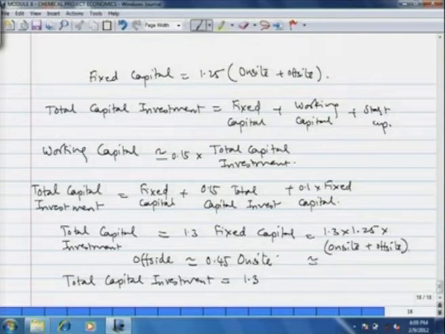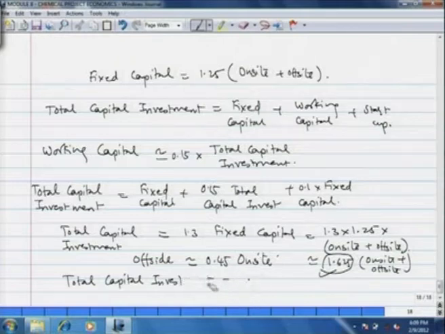Okay, so this is typically 1.625 times the on-site plus off-site cost. Total capital investment is 1.625 times this thing. So now we go further and substitute the off-site cost in terms of on-site cost.